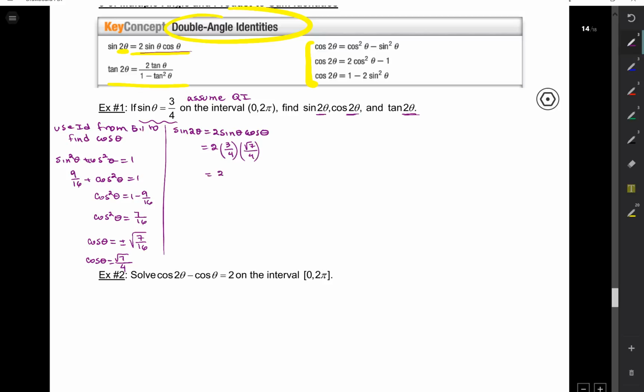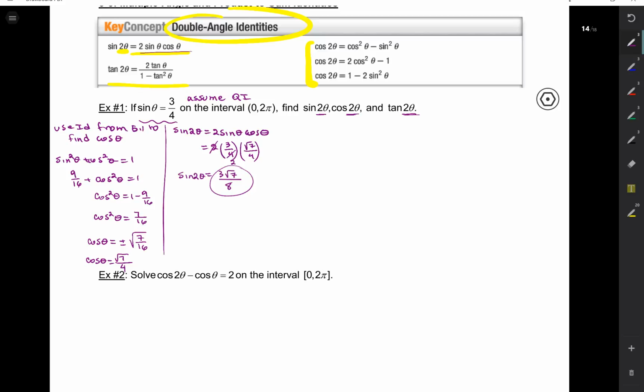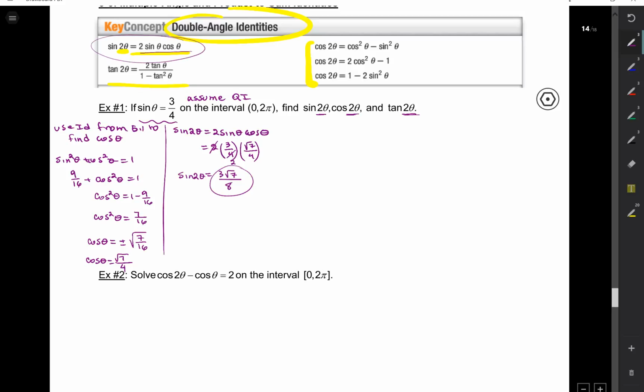So this is 2 times, well, we can cancel this 2 with this, so we get a 2 on the bottom. What do I get? 3 root 7 over 8. That's sine of 2 theta. No, there isn't that correlation. Sine of theta is sine of 2 theta divided by 2 cosine theta, like it's this identity. Okay. So now what about cosine of 2 theta?